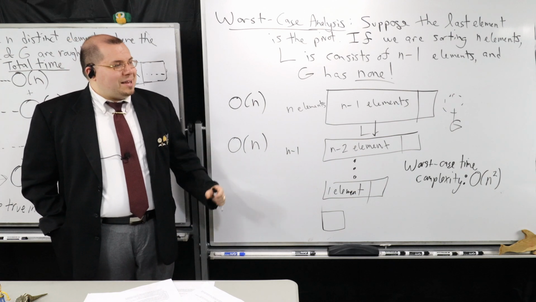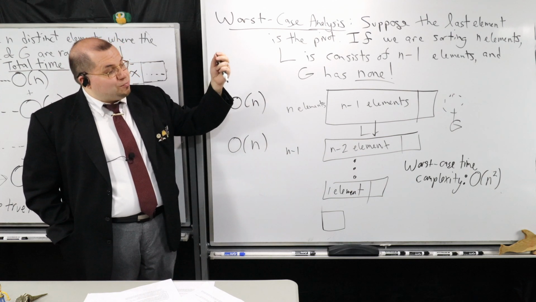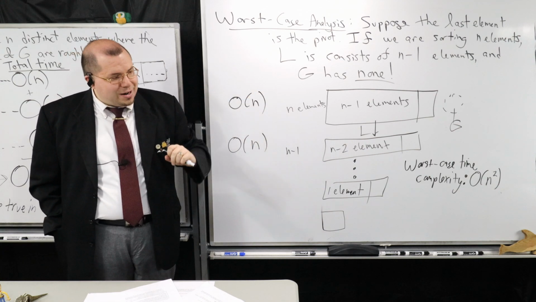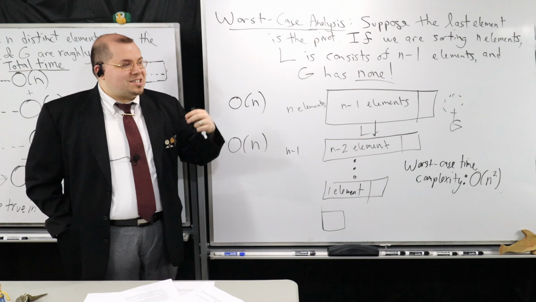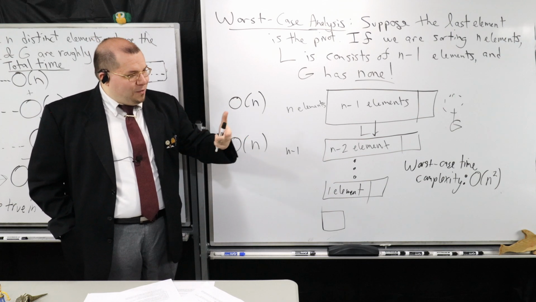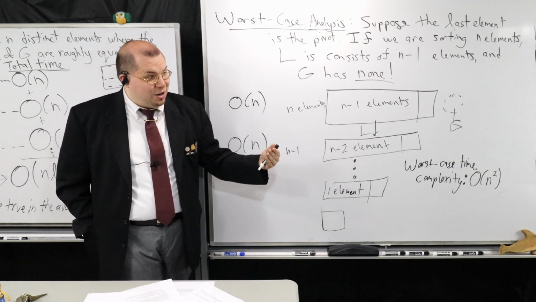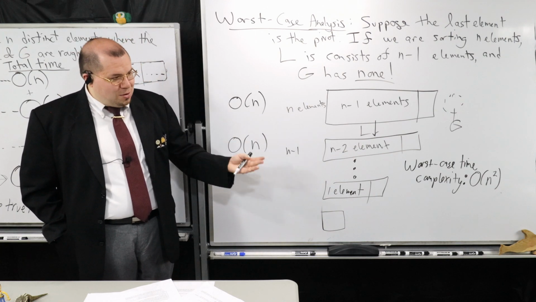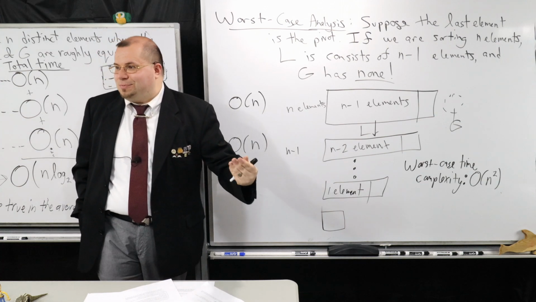So keep in mind that quicksort, even though it has really nasty instances that cause quadratic running times, you should expect it to run in big O of n log n, which is better than quadratic. And this is something that experimentally you can also observe. It actually behaves this way.